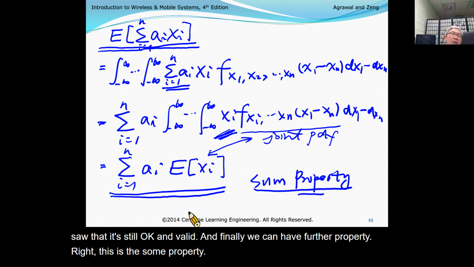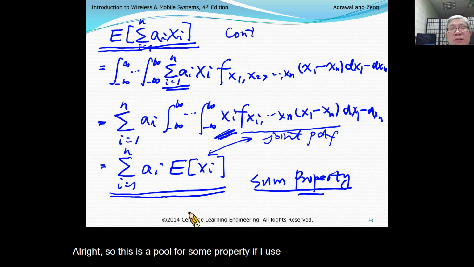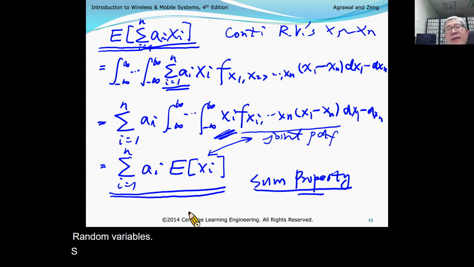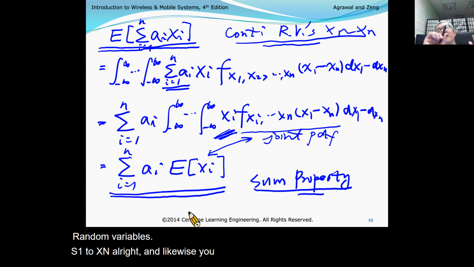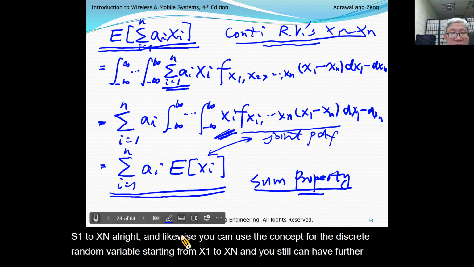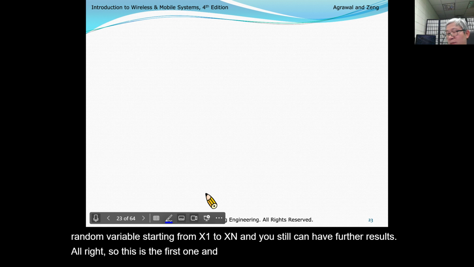All right, so this is a proof for the sum property if I use continuous random variables x1 to xn. All right, and likewise, you can use the concept for discrete random variables starting from x1 to xn, and you still can have the results. All right, so this is the first one, and let me check the next one.